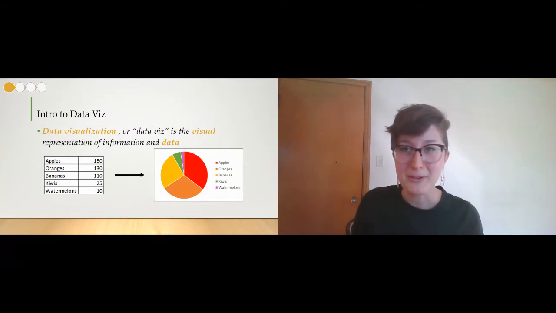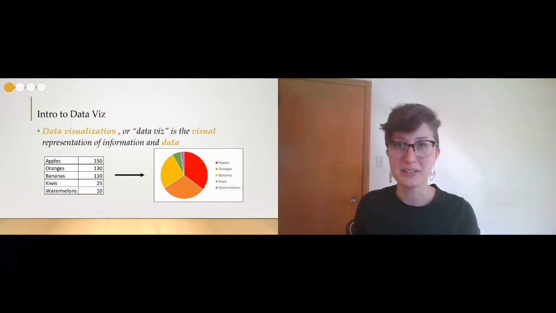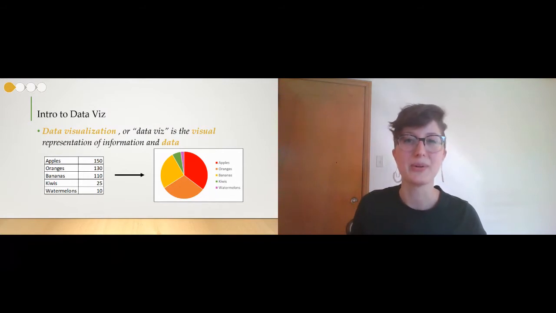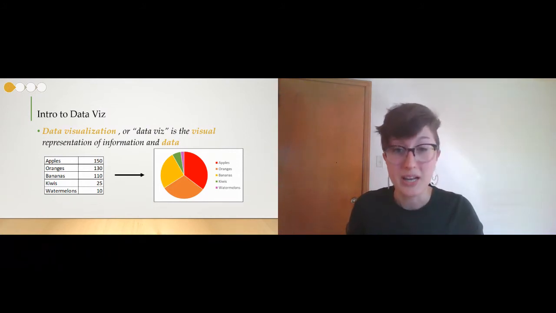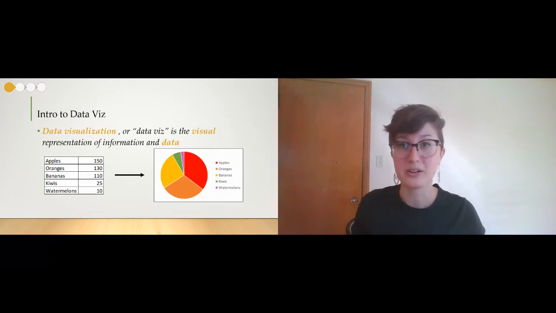The data on the left is from a make-believe fruit stand, which we're going to use a lot today as an example, where there's fruit categories and then the number of each fruit that we have in stock. And that can be visually represented by this pie chart, where the color is the category and the size of the slice is the count of the fruit that we have. If you've ever made a pie chart or understand what it's telling you, then congratulations, you already know what data viz is.